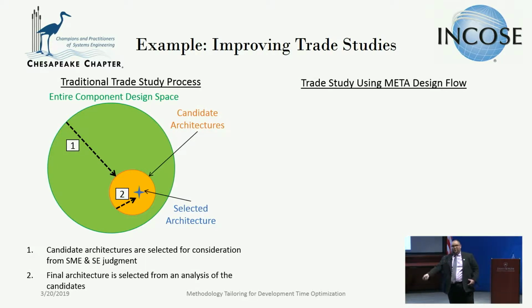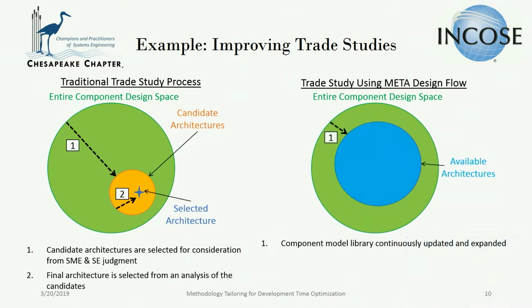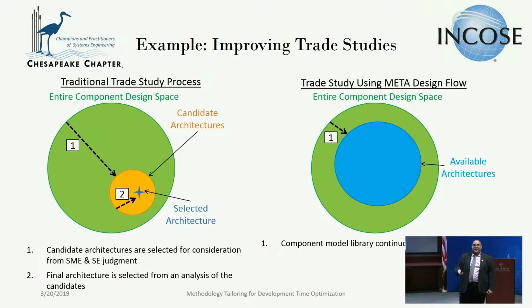Well, what DARPA was proposing with the meta design flow to be different about this process was that, yeah, you start with the same design space, but now, instead of relying on your SMEs and your systems engineers to select your candidate architectures from their experience, you would have a component model library that already has in software component models that represent a subset of your design space, of course, because everything that hasn't been designed isn't there, but at least you have verifiable or verified components that are available in some fashion, and you have models of them.